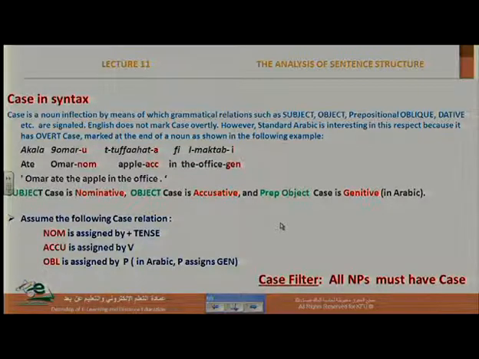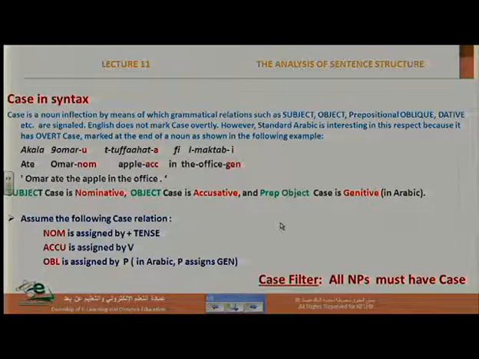Ate Omar, nom, standing for nominative; التفاحة, standing for accusative; and في المكتب, standing for genitive, the inflection of the genitive. Now, the gloss for that is exactly the same as before: Omar ate the apple in the office.